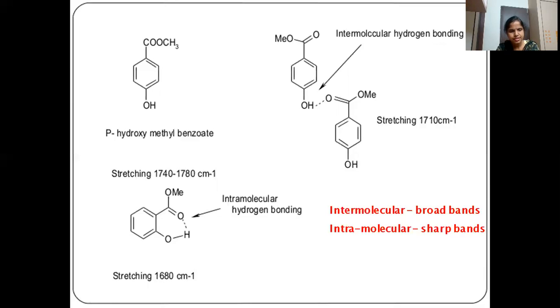When the force constant decreases, the vibrational frequency also decreases. That is the reason why hydrogen bonding, when present in any molecule, will show a lower frequency. Here it is showing at 1680 centimeter inverse.